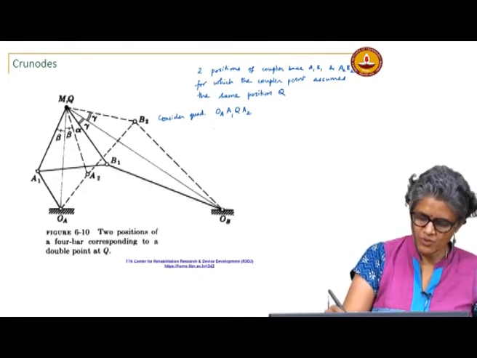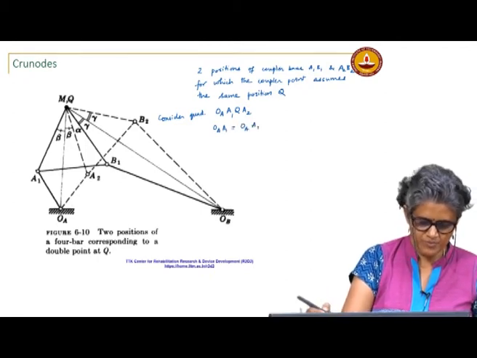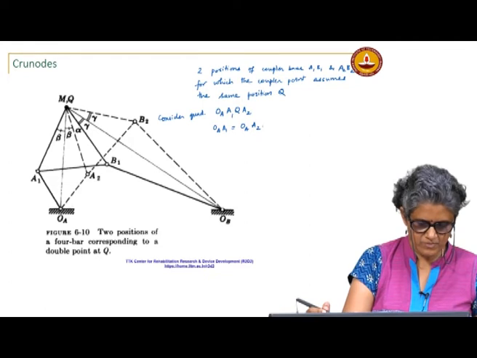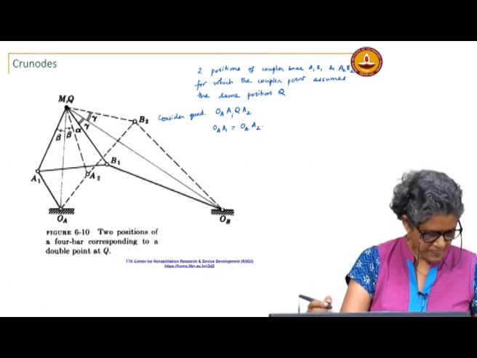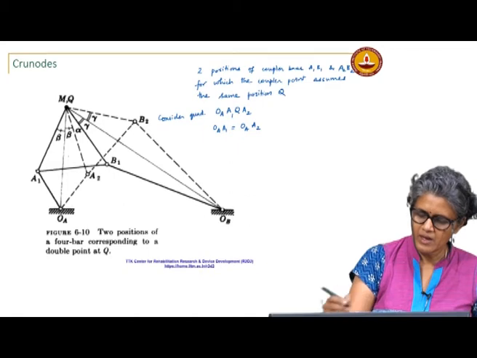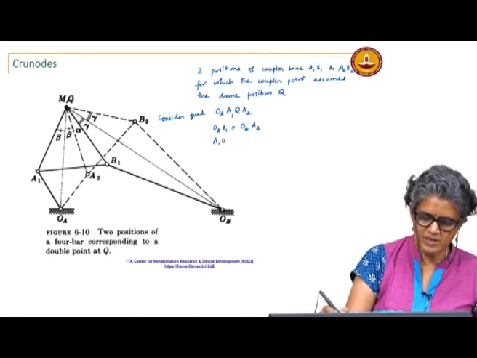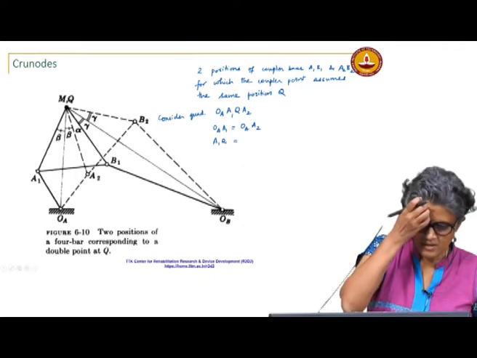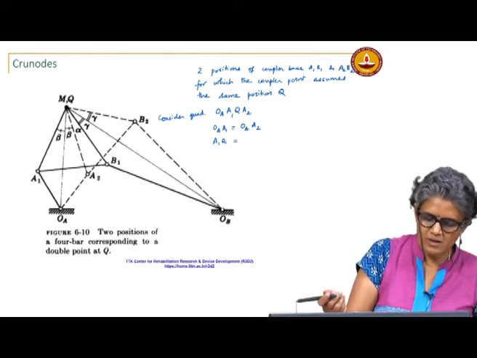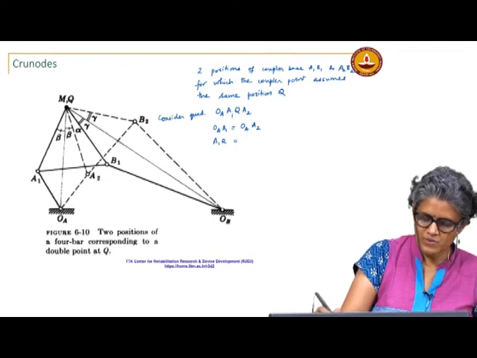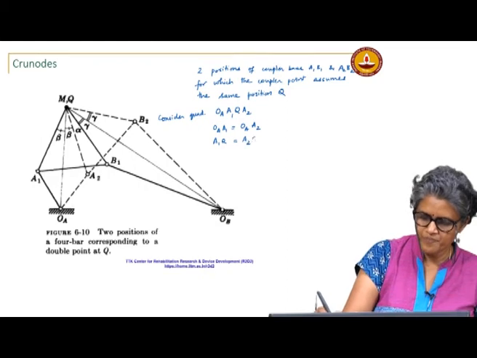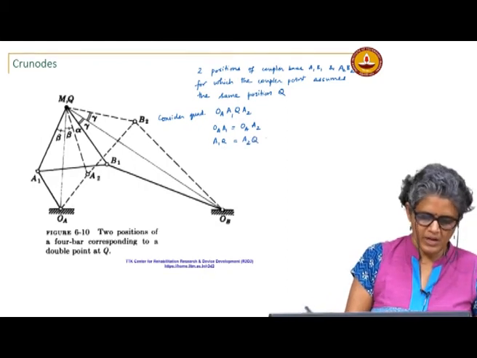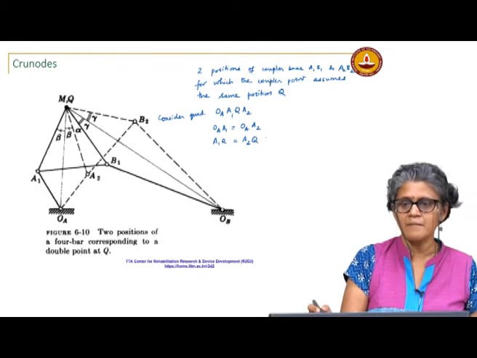Here you know OA A1 equals OA A2, then A1 Q equals A2 Q, and side OA Q is common.